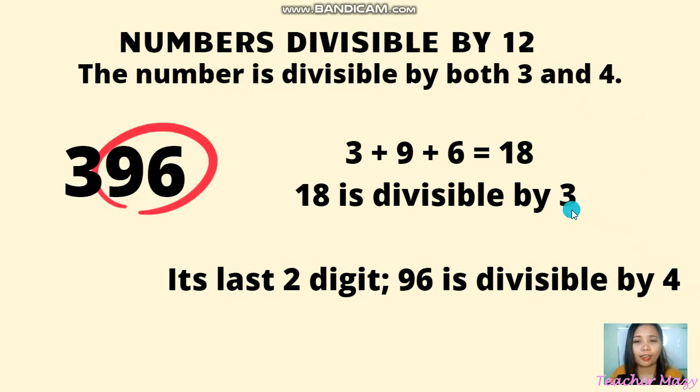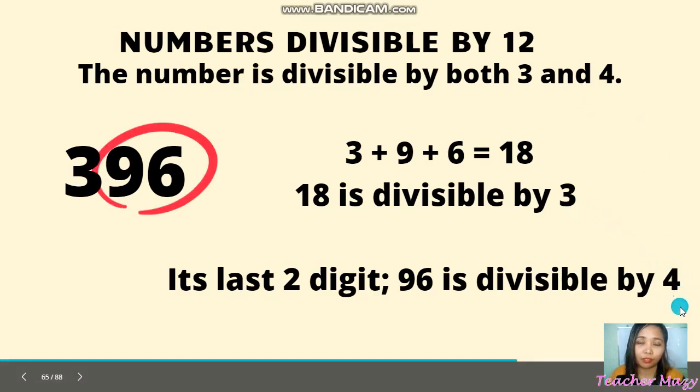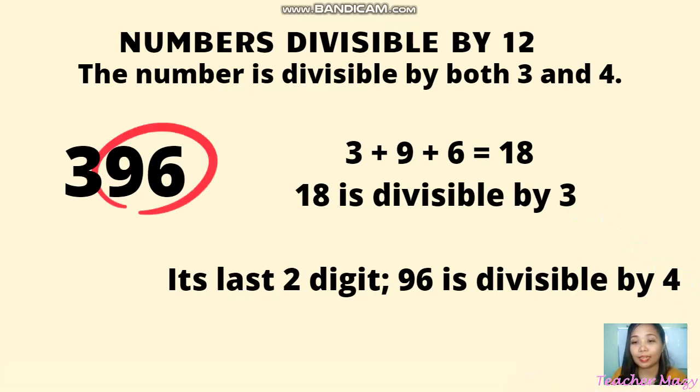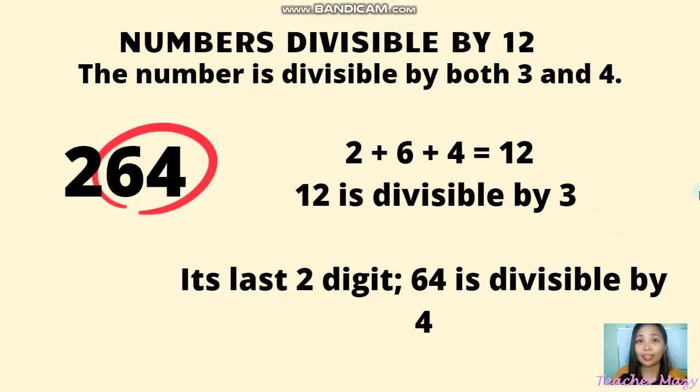Paano po kung 3 lang, hindi po 4? Then, this is not divisible by 12. Kailangan dalawa sila, 3 and 4. Okay. Another example, we have 264. Add all the digits to know if a number is divisible by 3.